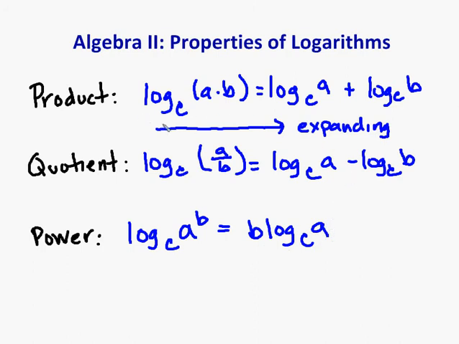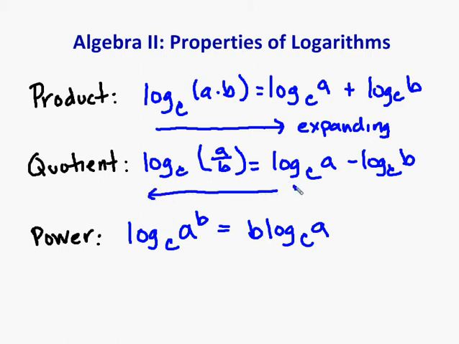Now I mentioned before in the product property that expanding takes a log and expands it into two different terms, and it could be more than two terms. But it's taking one term and making it into two terms. And in this case, the quotient property will talk about condensing, and condensing is when you go in the opposite direction.